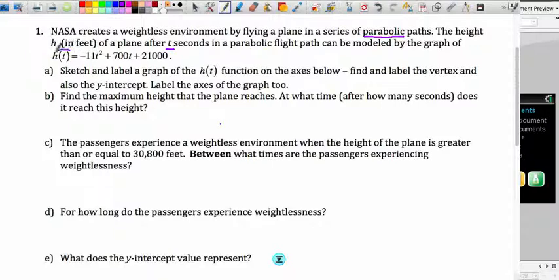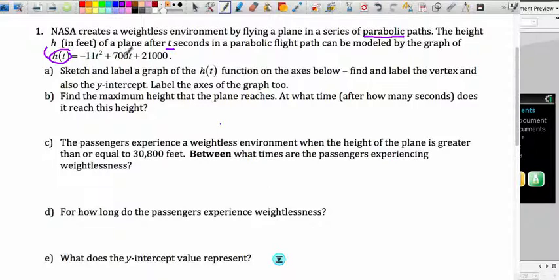So remember, this is just function notation. H of t is essentially, if you think of your calculator, the y. So y equals, only this time we are talking about h of t because it's height with respect to time. So the height of the plane is a function of time.